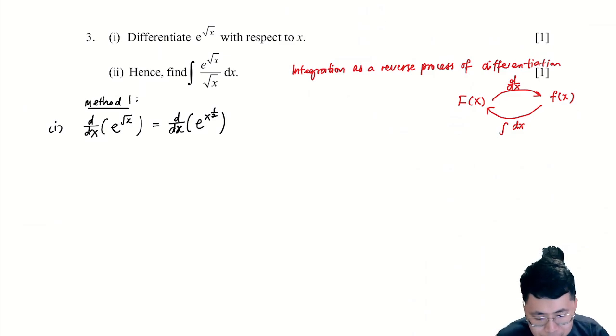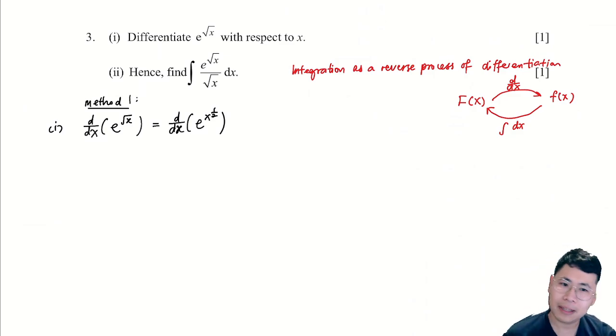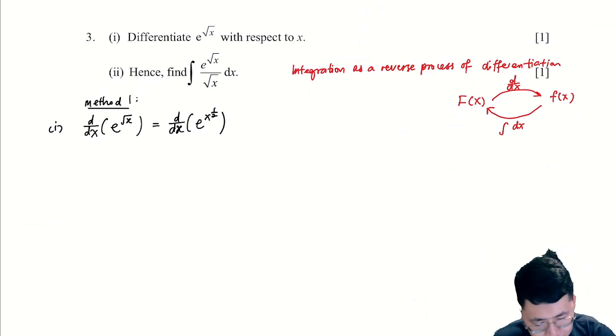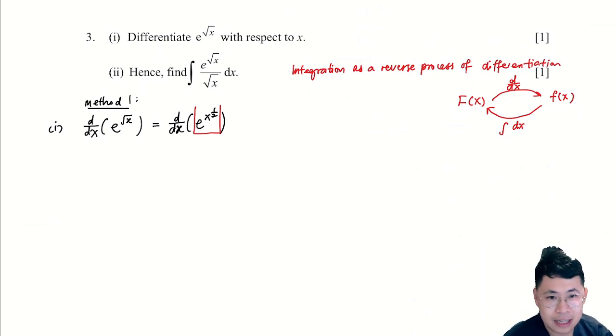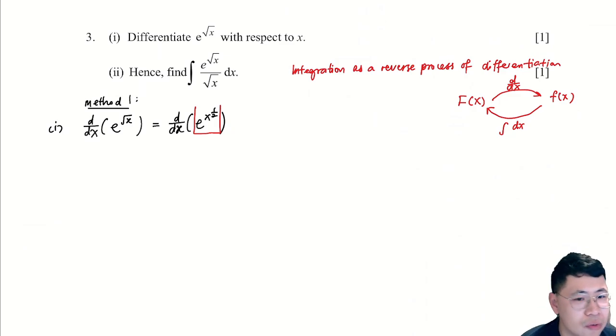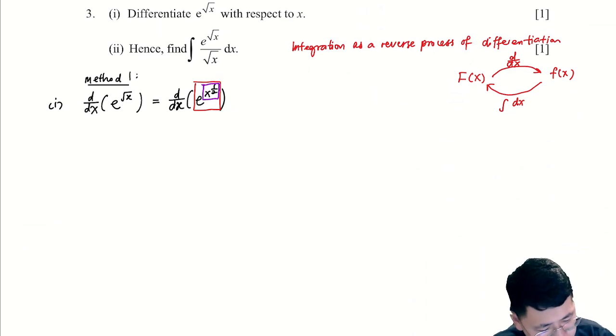All right, so first method, right, is the shortcut method for chain rule. Because, if you notice, we have two layers over here. We have the outer layer of e, and we have the inner layer of x power half. Let me draw this one more time.